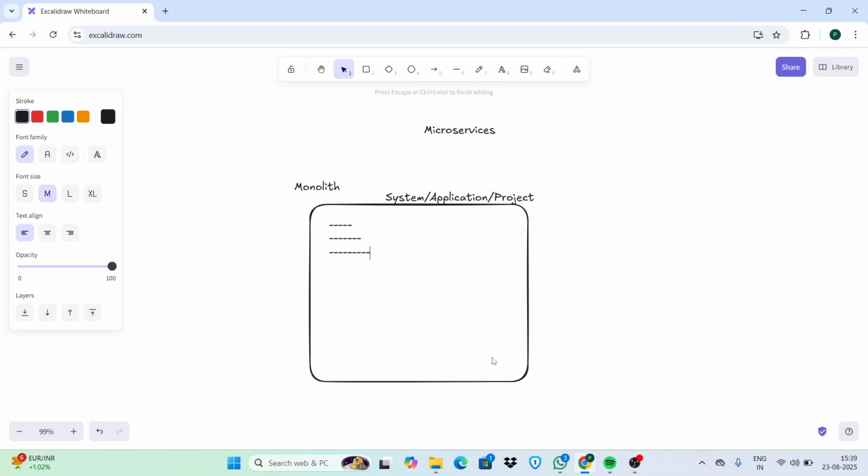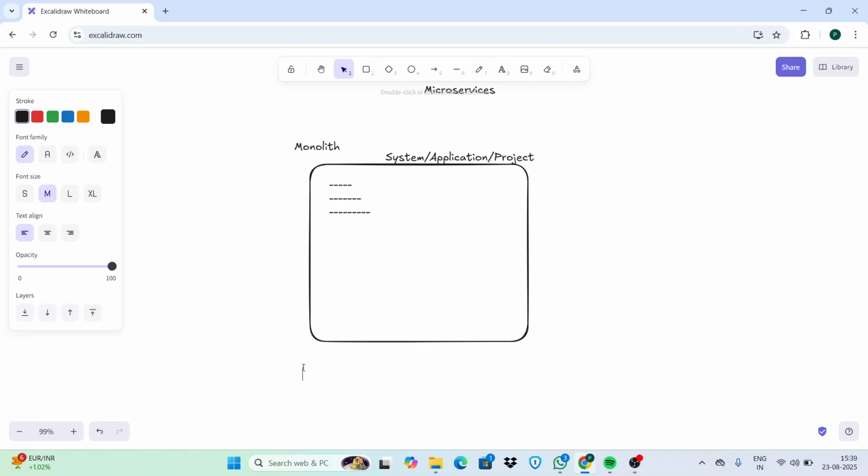But for a complex project or complex system, monolith architecture is very time consuming and very difficult to develop, and if any bug occurs, it is very difficult to fix that bug. And for execution, it has to redeploy the whole application.